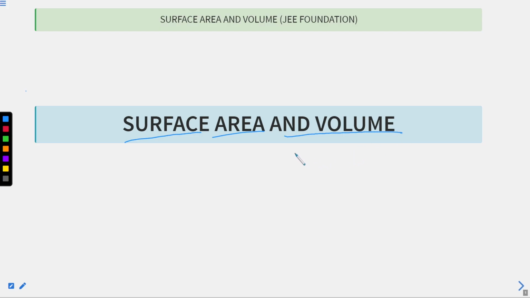As we discussed already, various problems on surface area and volume for the solid figures, we came across various formulas for cuboid, cylinder, cube, sphere.